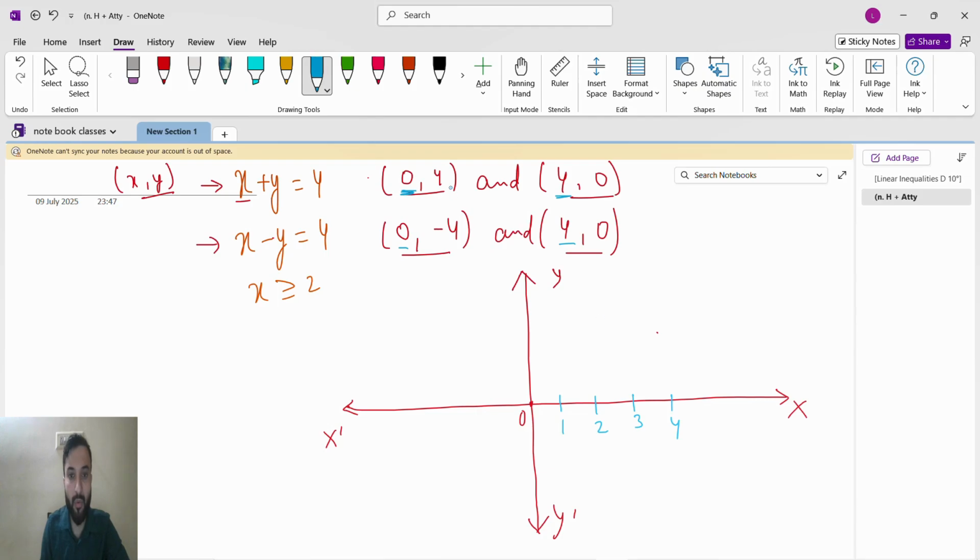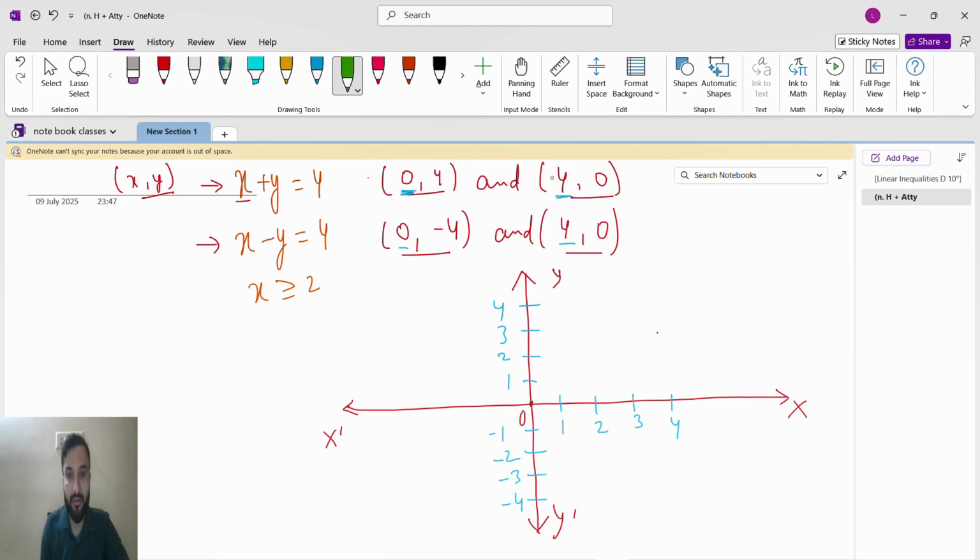On the y-axis positive 4 is there and negative 4 is also there, so 1, 2, 3, 4 and minus 1, minus 2, minus 3, minus 4. That's done.